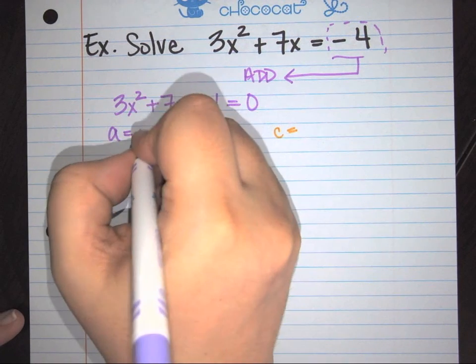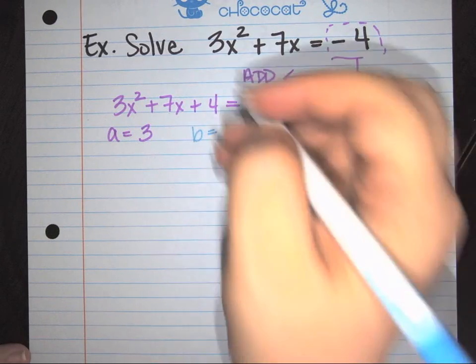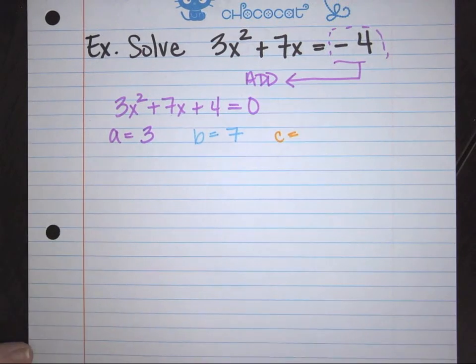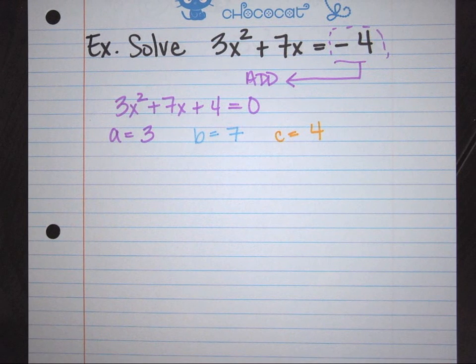So notice my A is going to be 3. Coefficients are the numbers attached to your variables. My B is the middle term, so it is 7. And my C is the last term, which is a 4. So I have to plug into the quadratic formula.